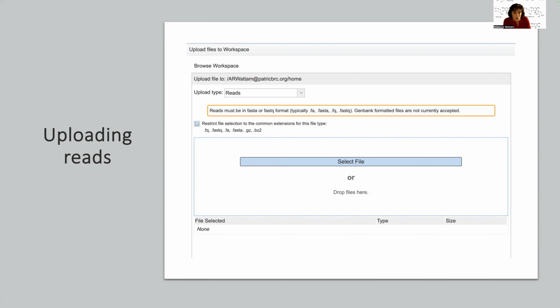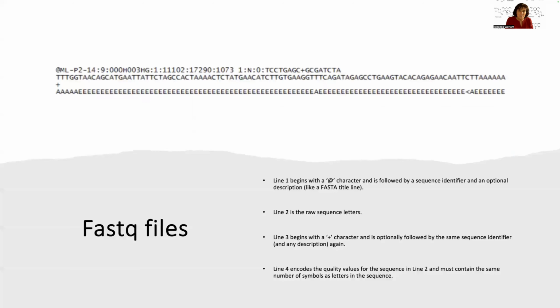So I want to show you what read files look like so we don't have to have these difficult conversations later on. These are FASTQ files. They're 4 lines. The first line always begins with an @ and then a sequence identifier. None of this means anything to me, but it's all here. The second is the raw sequence, in letters.